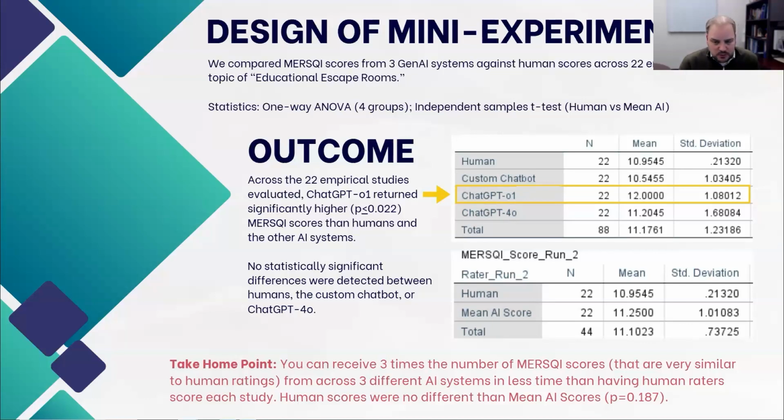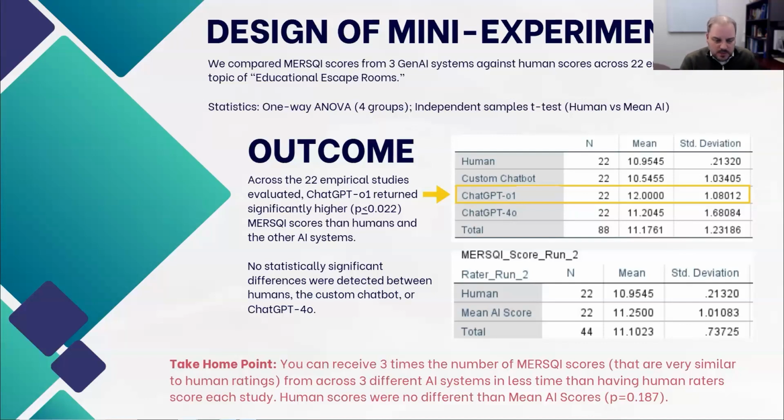By using this AI-assisted method, we could actually receive 3 times the number of MRSCI scores that were all still quite similar to human ratings from across 3 different systems in less time than it took human raters to score each study individually 1 time.